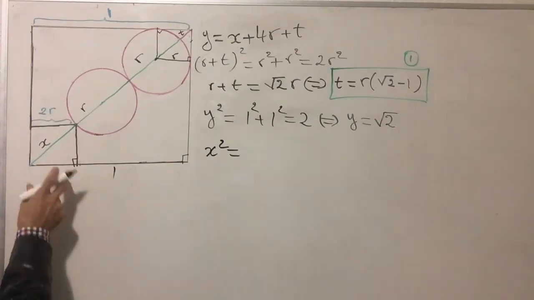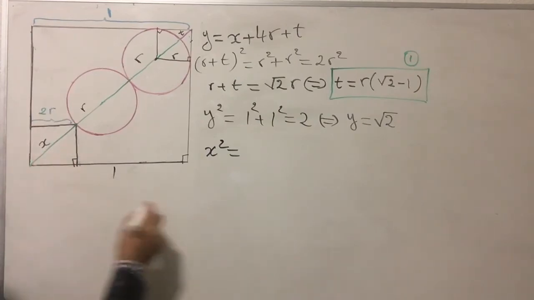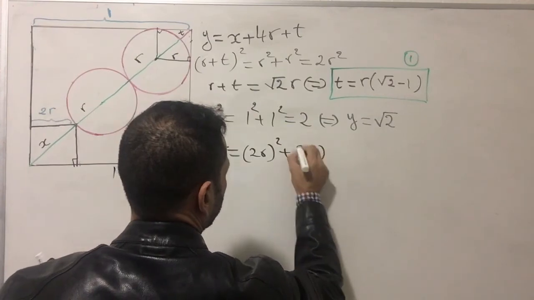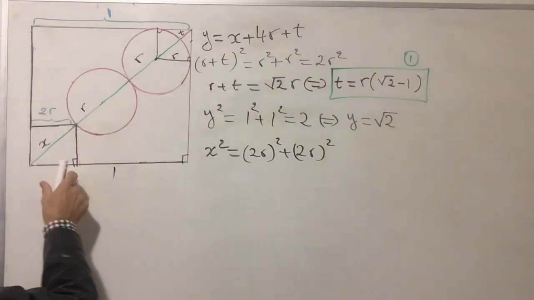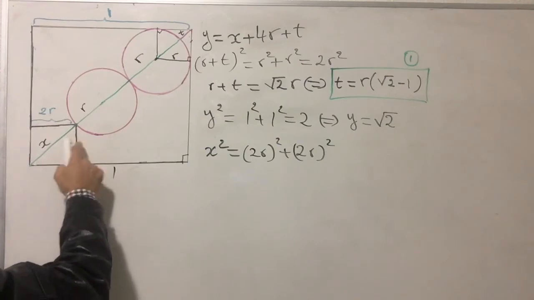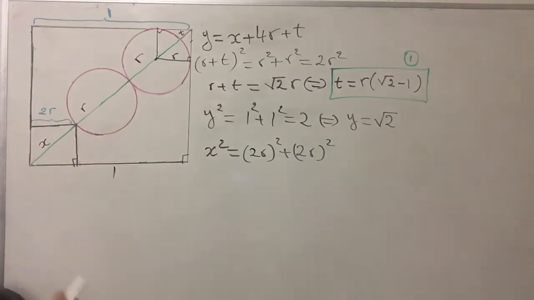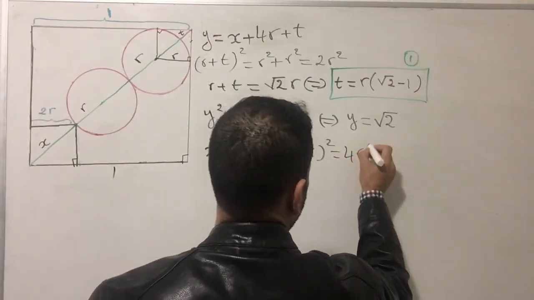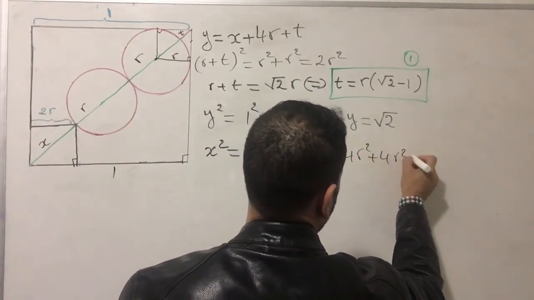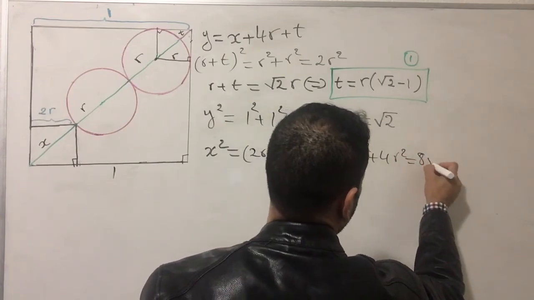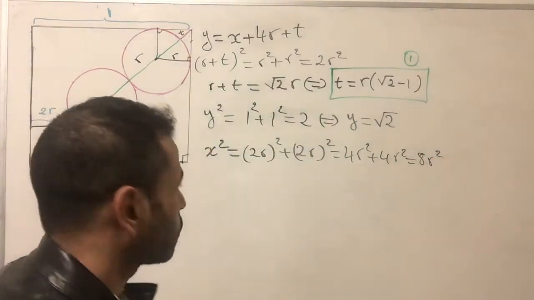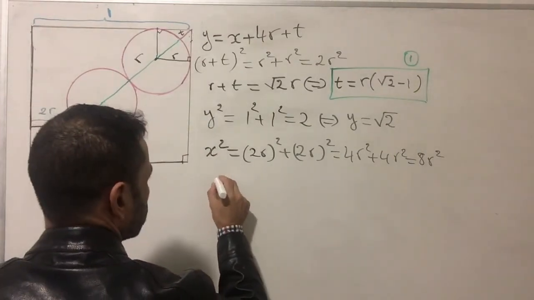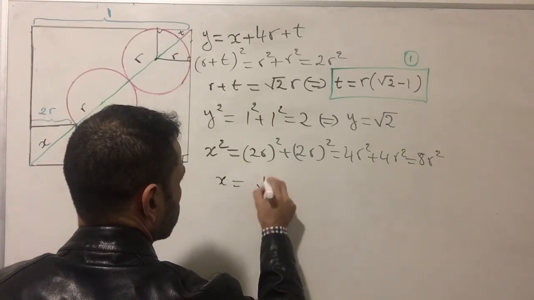This distance we already have equal to 2r, so it's 2r quantity squared plus 2r quantity squared, since all side lengths are equal because we have a square here. So 4r squared plus 4r squared, which is 8r squared. Since x and r are positive, x equals square root of 8 times r.